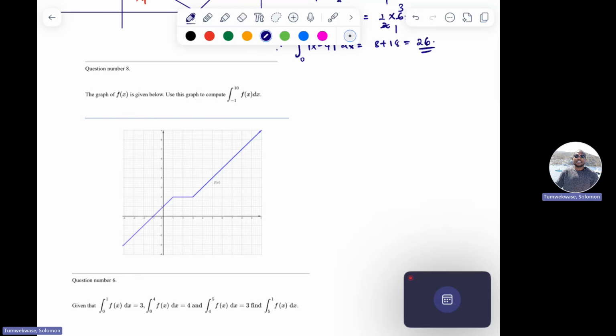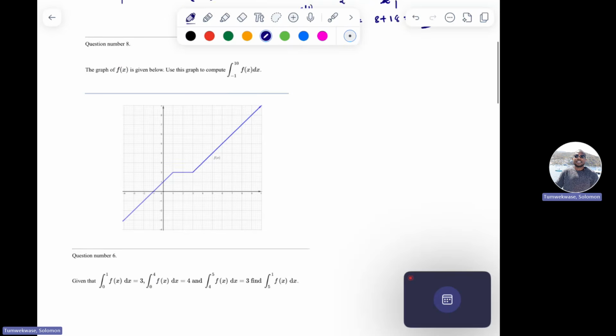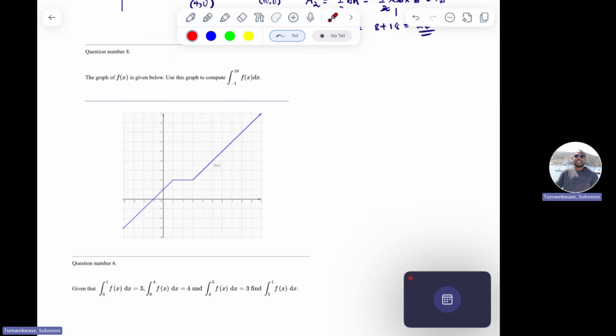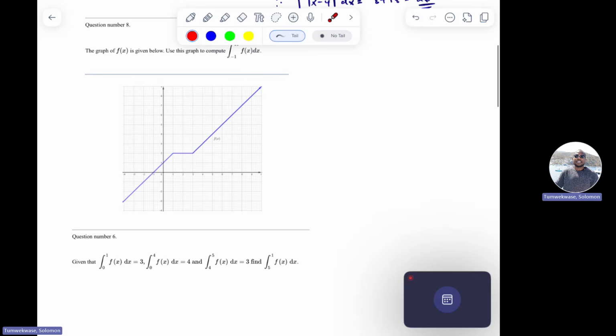Question 8. We are given a graph of a certain function and we want to compute the integral from -1 to 10. This is the area under this graph from x equal to -1 to x equal to 10.